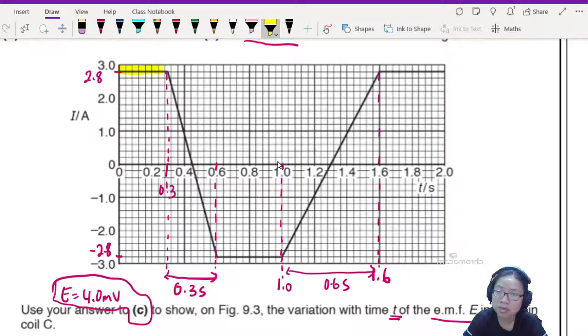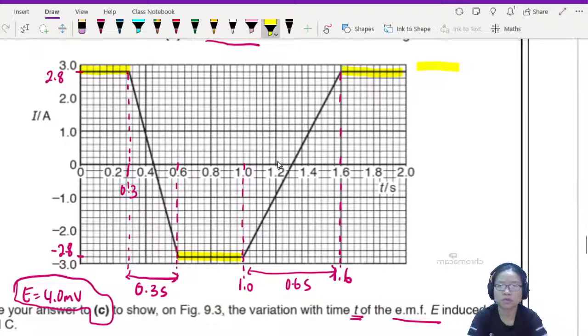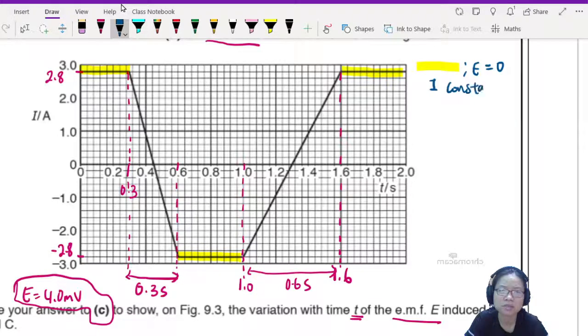Here, because current is constant. Here, current is constant. Here, current is constant. So I'm going to draw a label here for your notes. I'll say that in this color, the EMF is 0. Why? Because current is constant. So I'm going to draw this part first. Easy mark.